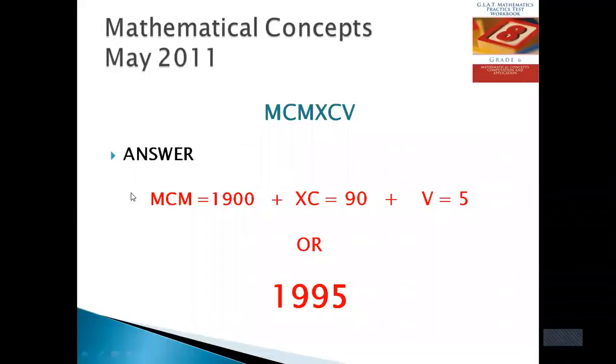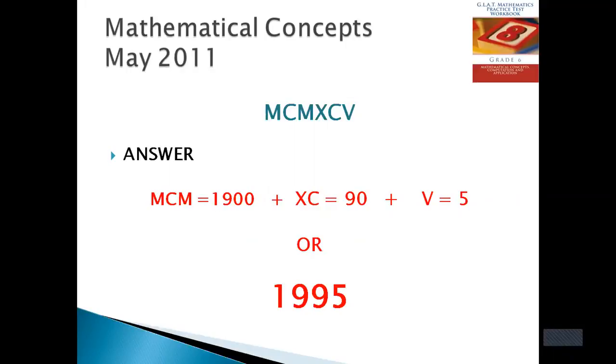If we put them all together, we get 1995. 1995 is the number represented by the Roman numeral. Okay, so that's our explanation of the first 5 mathematical concepts questions for the May 2011 GLAT paper.